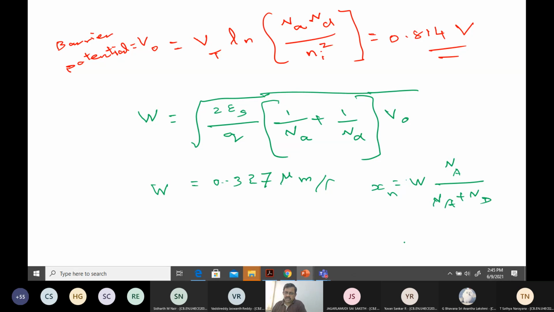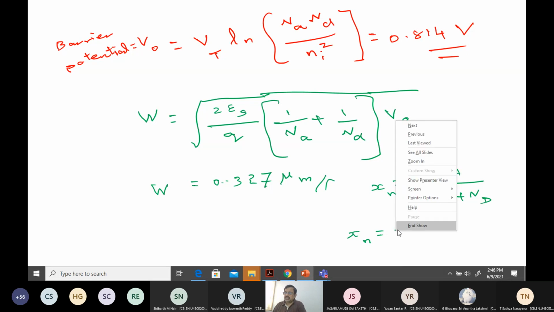Substitute here, you will get Xn. This is a lightly doped region, so the depletion width is larger there. With 0.327, you will definitely get roughly about 0.3.